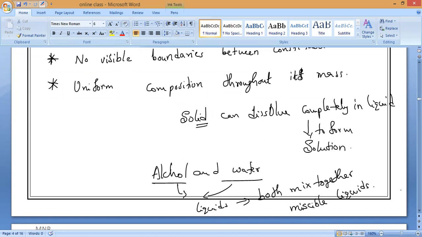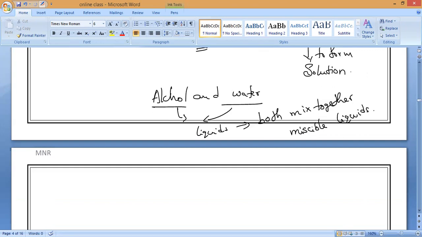So liquids also can form homogeneous mixtures or not? That is my question. Yes. Liquids also can form homogeneous mixtures. Those liquids are called what? Miscible liquids. Please remember, all of you.